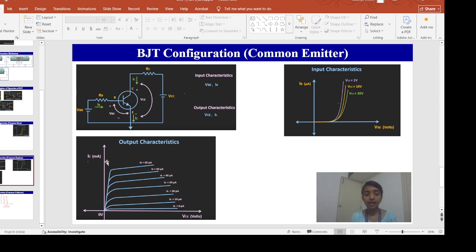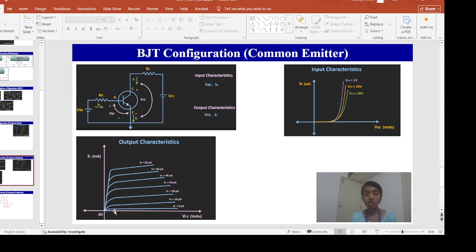And you can see at this point my current is going saturated. That means even if you keep on increasing this VCE, the current won't increase further. First your IC is exponentially increasing, and this voltage is VCE sat, or saturation voltage.